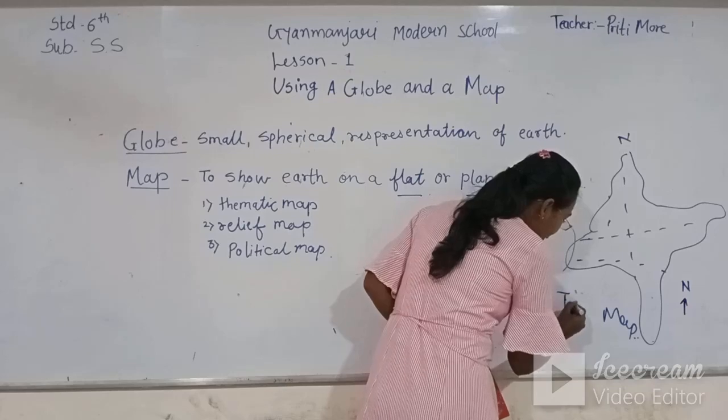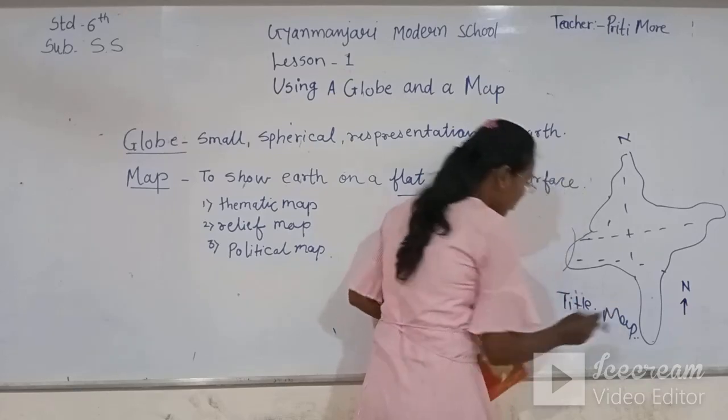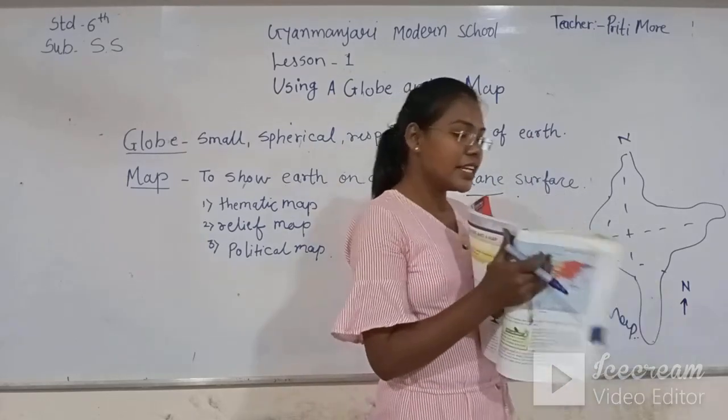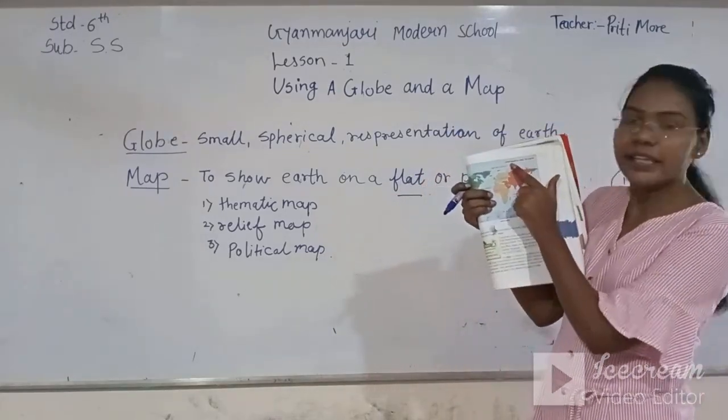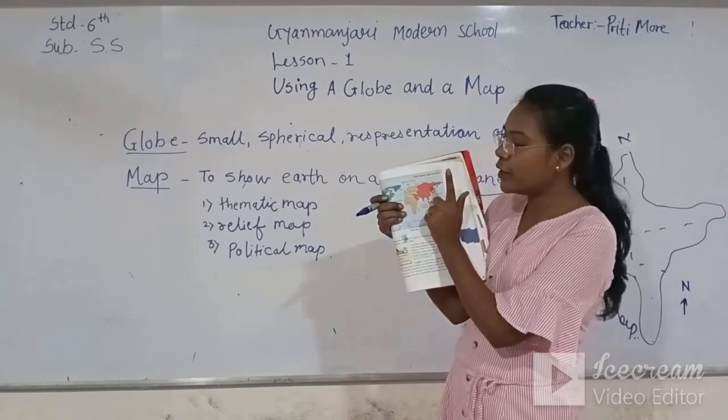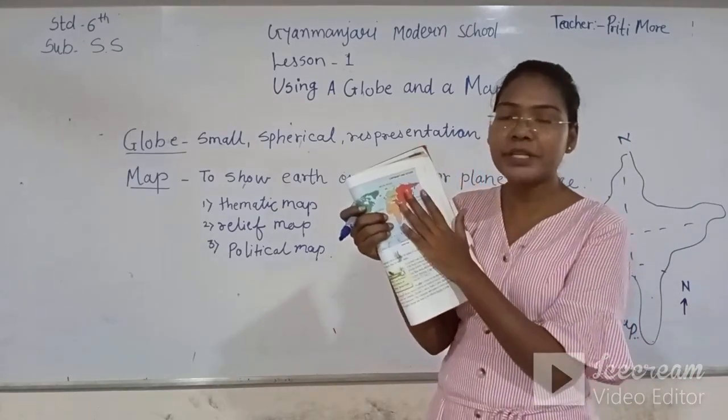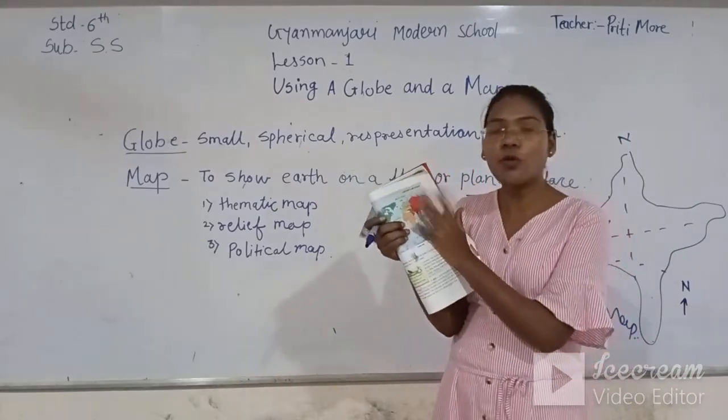In this world map the title is at the upper side, so you can get that this map is for continents and oceans.